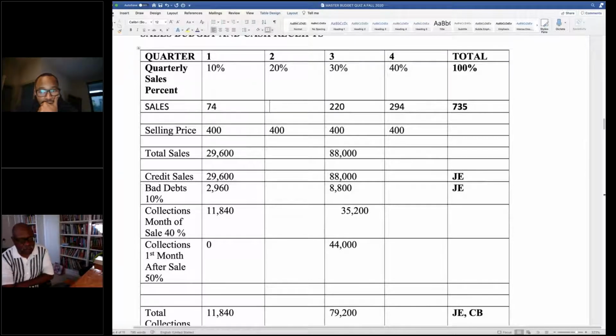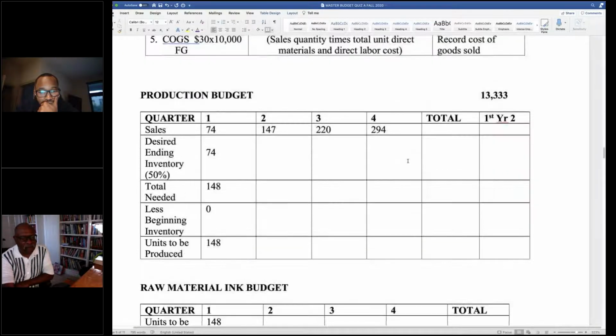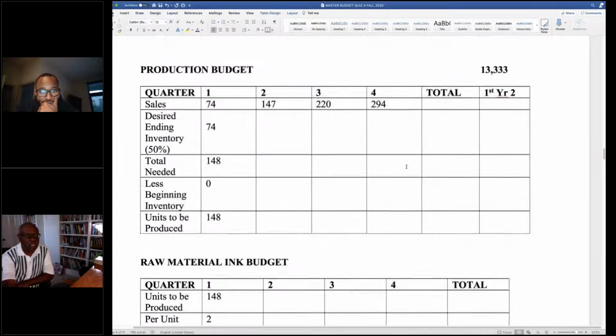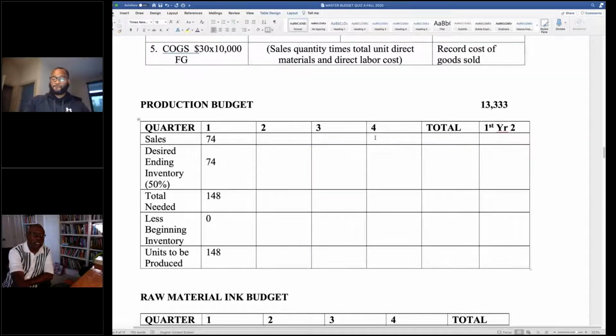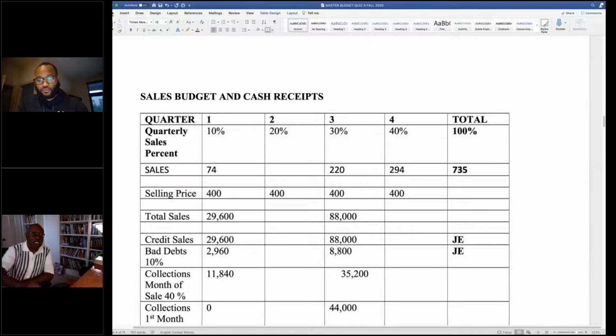You're doing the sales budget, then you're going to come down and do the production budget. All right, so get to work. Start with your sales budget and go all the way down for Q2, all the way through.